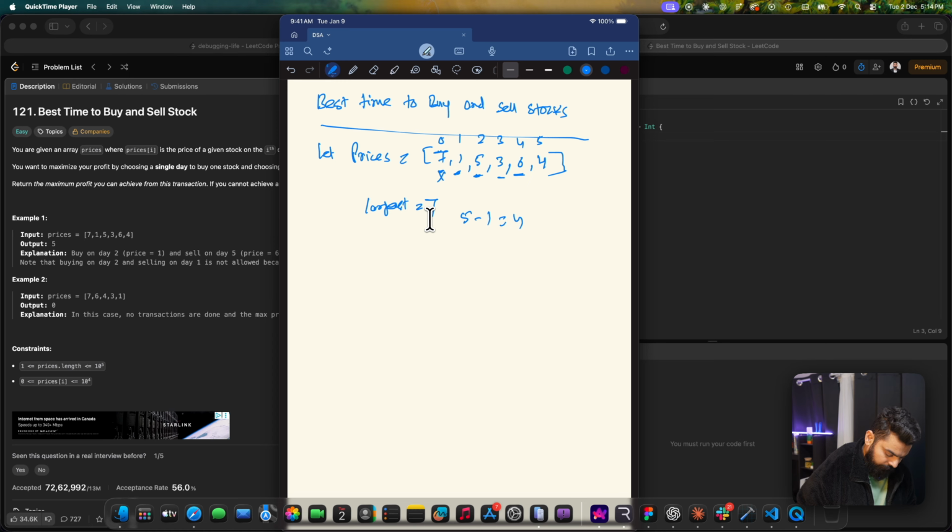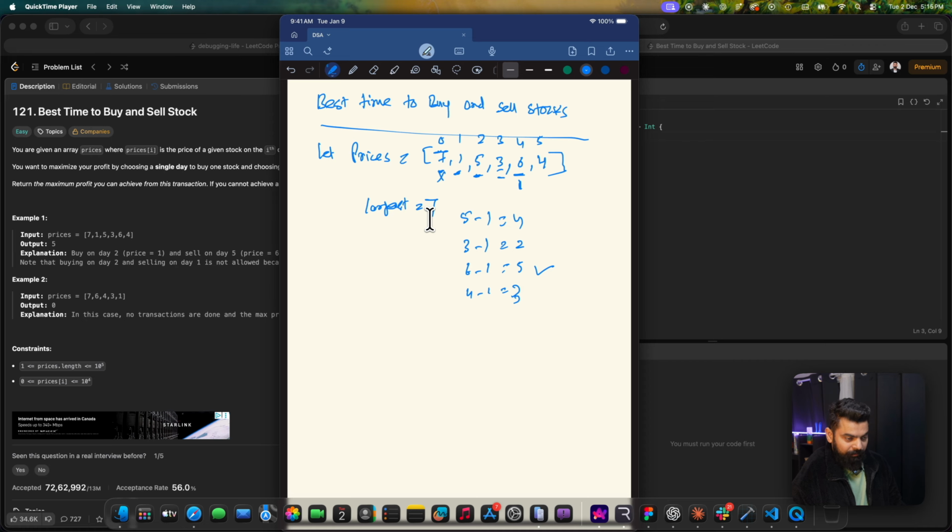We are not going to buy this, but still if we do 3 minus 1, we have 2 profit, and then 6 minus 1, we have 5 profit, and 4 minus 1, we have 3 profit. So the maximum profit it is returning is this value, which is this one, right? So how can we do this check and start writing the code?